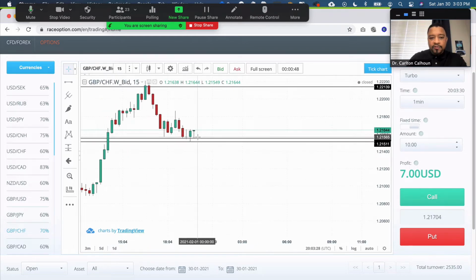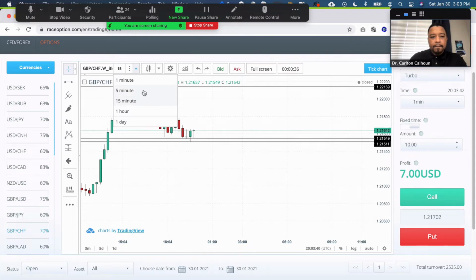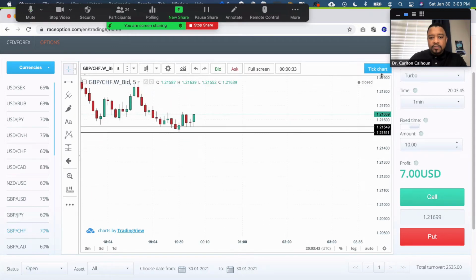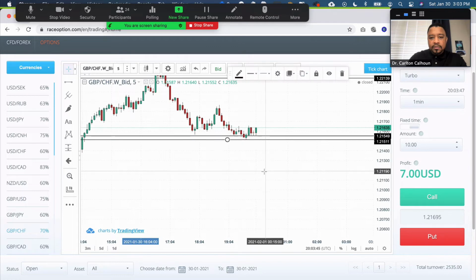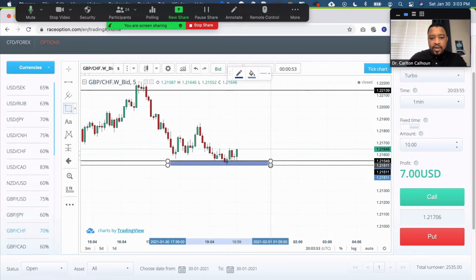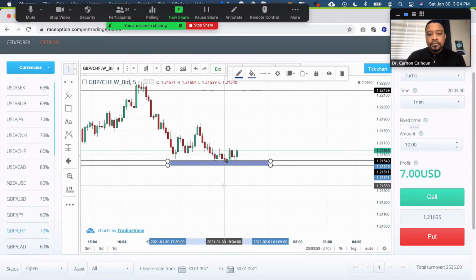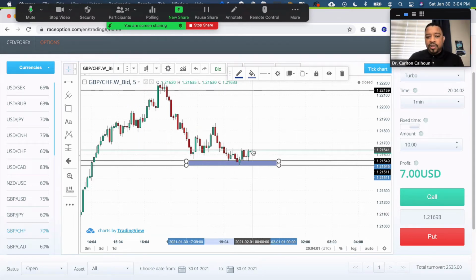See, it's bouncing off of the floor. We already had the pullback, so we could be getting a continuation in the uptrend. But with that being said, I would be looking for possible calls. So drop down. As you can see, price did not want to break this area right here. I hope that makes sense so far. So I will be looking for potential calls.